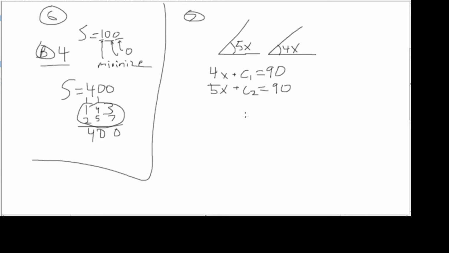Given that one of the complements is larger than the other, obviously this one is going to be larger than this complement, and it says it's twice as large, and the reason is that with 4x you would need to add more of a complement to get to 90. So C sub 1 is larger than C sub 2, so C sub 1 is 2 times C sub 2. Now we just have a system of equations we can solve.